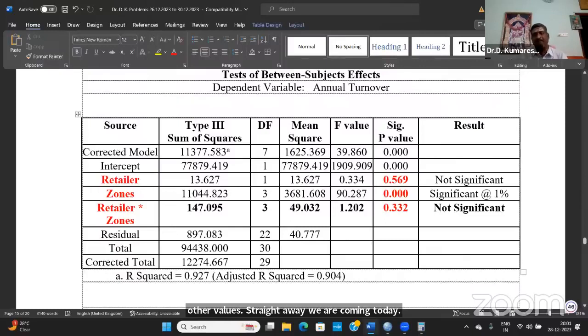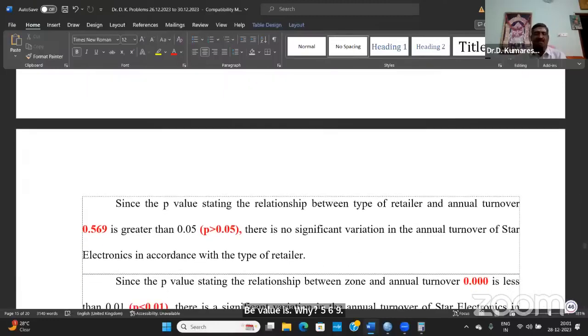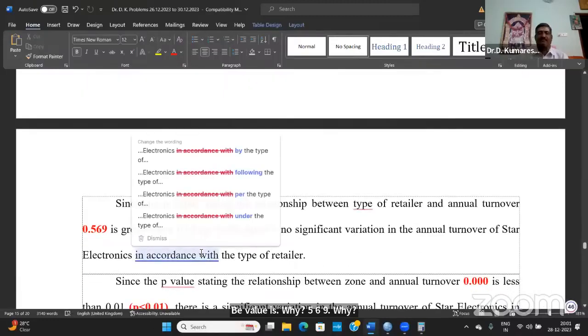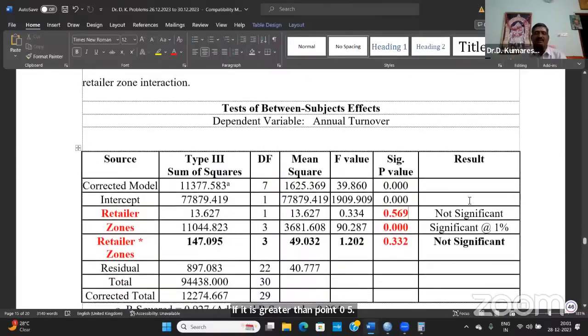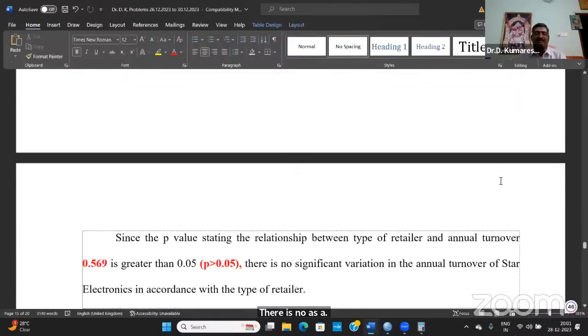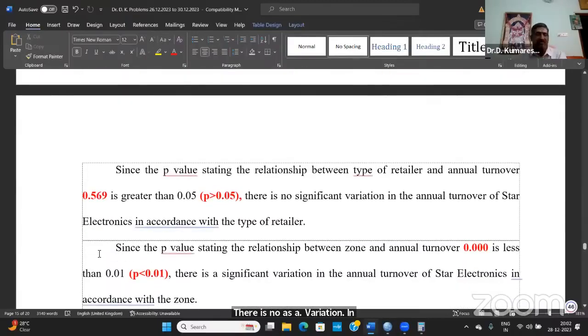What is the p-value here? Look at this. For retailer, p-value is 0.569. 0.569 means it is greater than 0.05. If it is greater than 0.05, there is no significant variation in the annual turnover of Star Electronics according to type of retailer.